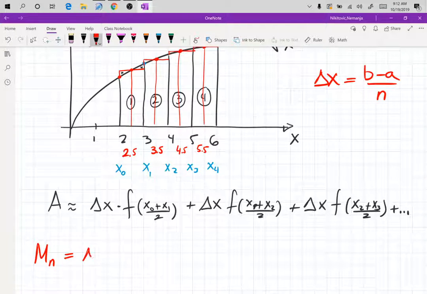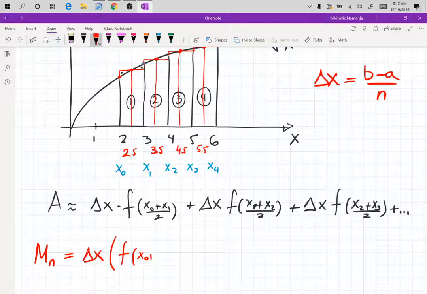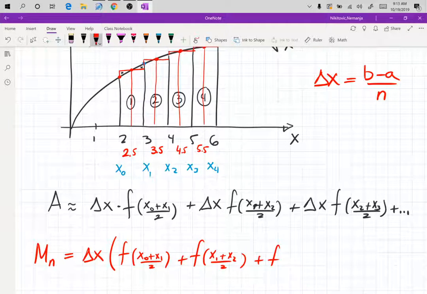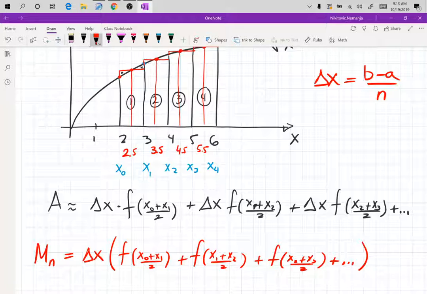And we're going to factor out delta x and just have f of x0 plus x1 over 2 plus f of x1 plus x2 over 2 plus f of x2 plus x3 over 2 plus ... to get to the, well, let's put the last term in because we can, right?